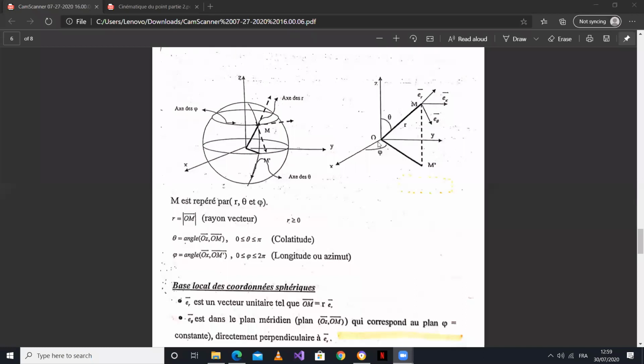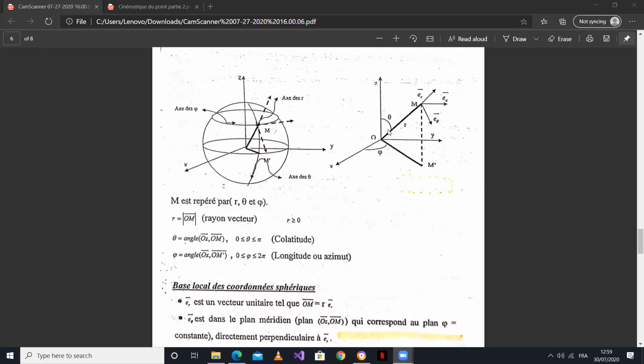That's where I said, in the Cartesian system, we use OM equal to X e_x plus Y e_y plus Z k, because there we had e_x telling us, move X steps in the direction of e_x, then move Y steps in the direction of e_y, then move Z steps in the direction of k. Then we came to the cylindrical coordinates.